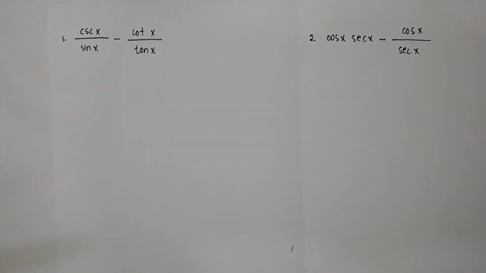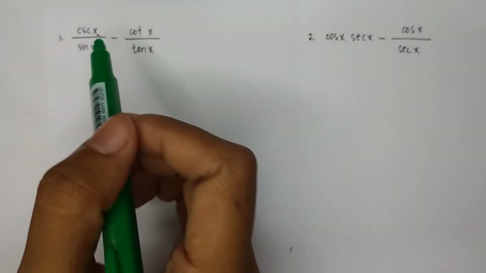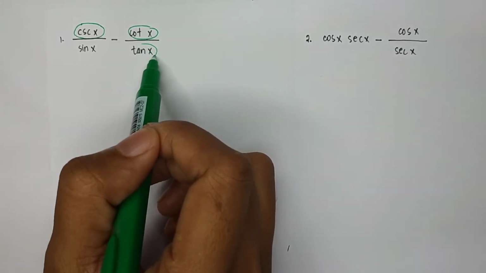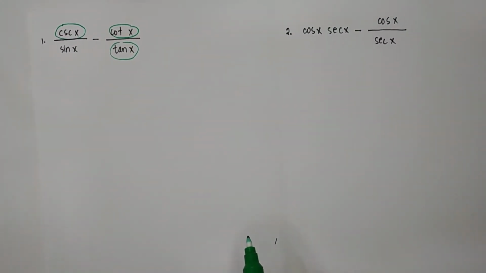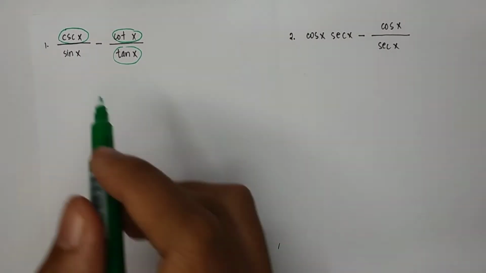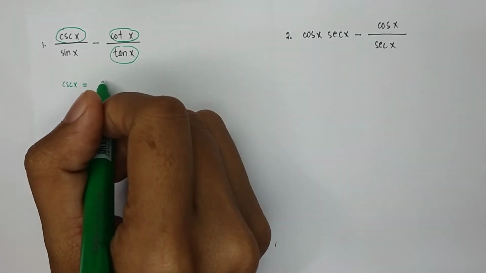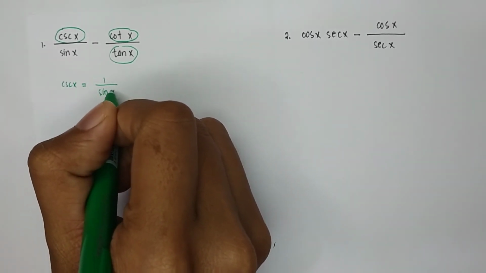Okay. So, di ba again, ang first natin gawin is hanapin natin yung mga trigonometric functions na hindi naka-sine or cosine. We have here cosecant x, cotangent x, at saka tangent x. So, isulat muna natin kung ano yung mga equivalent nila. We have here our cosecant x that is equivalent to 1 over sine x.